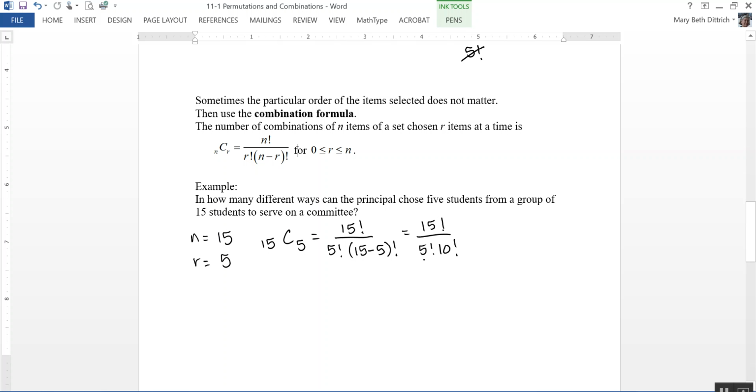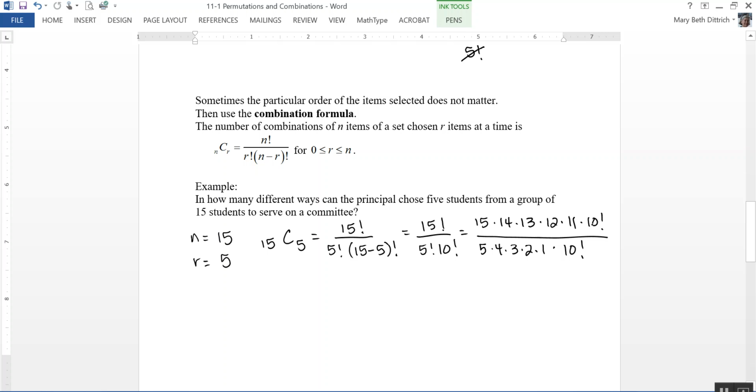Now you cannot multiply the 5 factorial and the 10 factorial to get 50 factorial or 15 or anything like that. So I'm going to take my number on top, 15, and write 15 factorial, and stop at 10 factorial, because that's my bigger one on the bottom. And then I'll have 5 times 4 times 3 times 2 times 1, which isn't too bad to deal with, times 10 factorial.